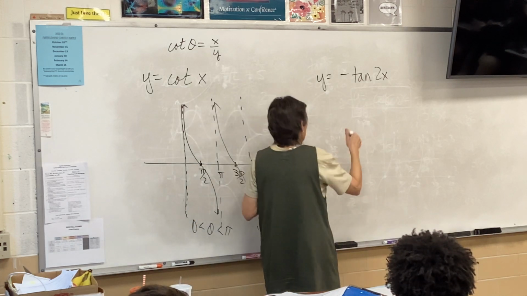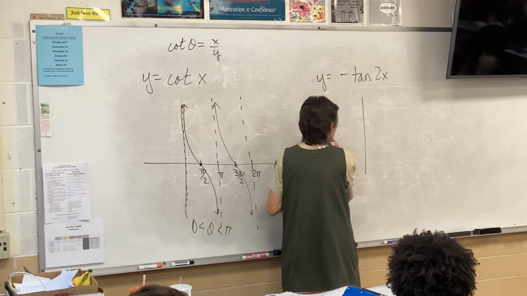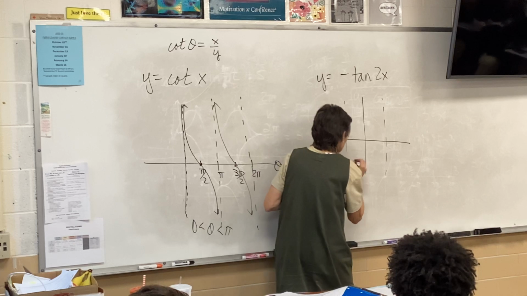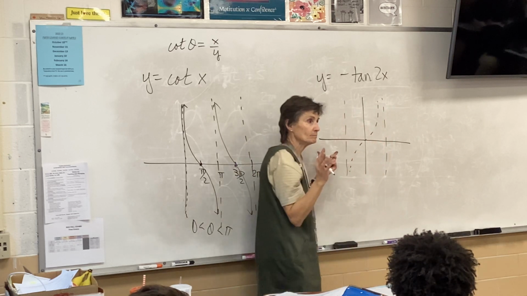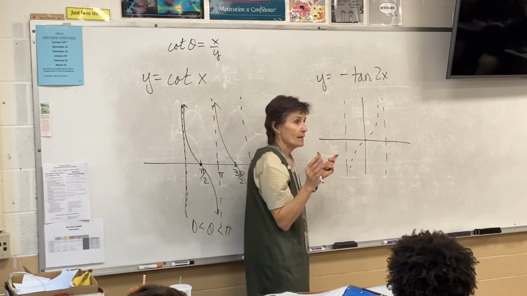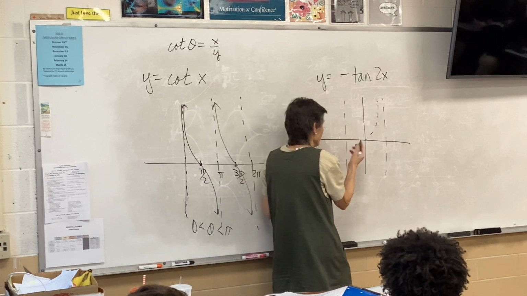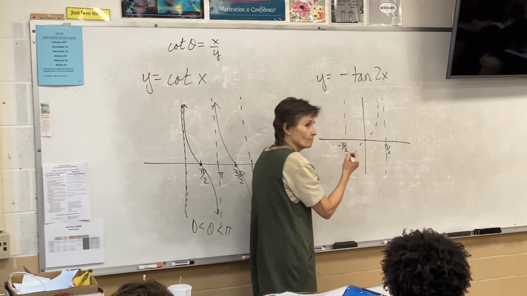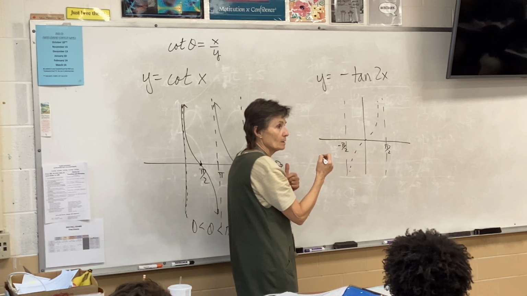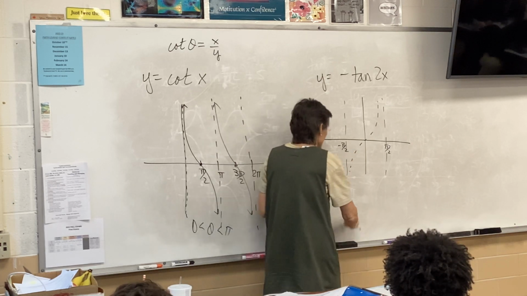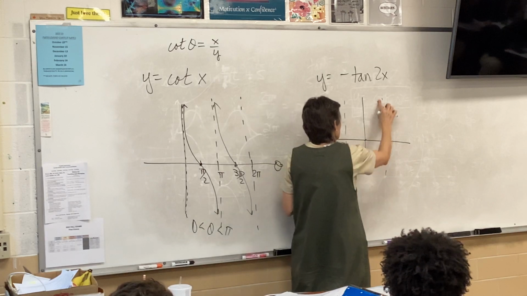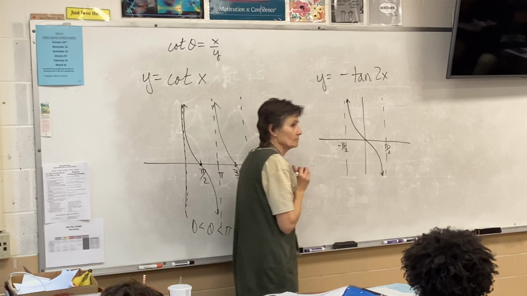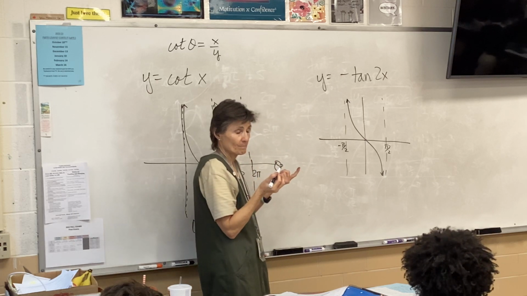So stop and think. We said when we graph a tangent, we are going to graph the piece of it that looks like this, right? And these are normally negative pi over 2 and pi over 2. Well, first thing we've done is turned it upside down. So now it's going to look like this. Would you agree with that?